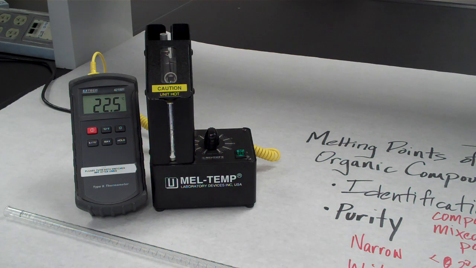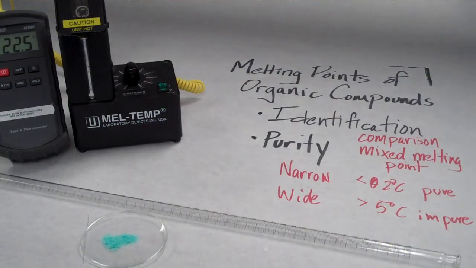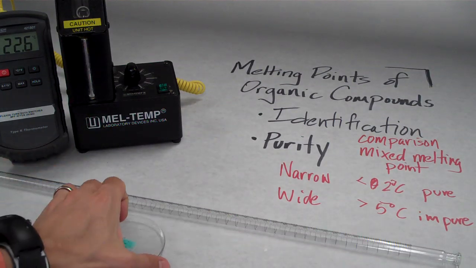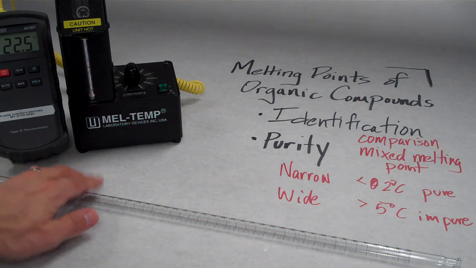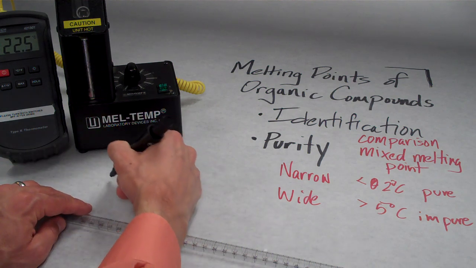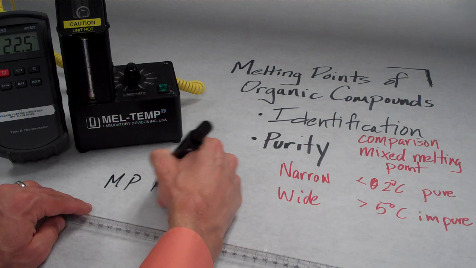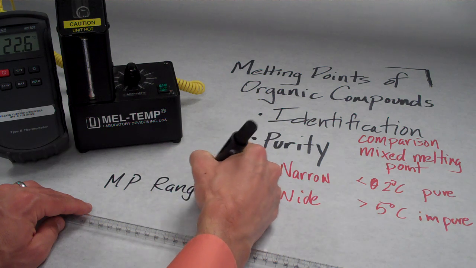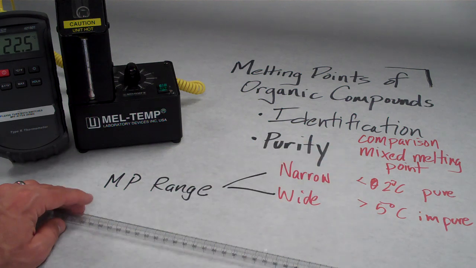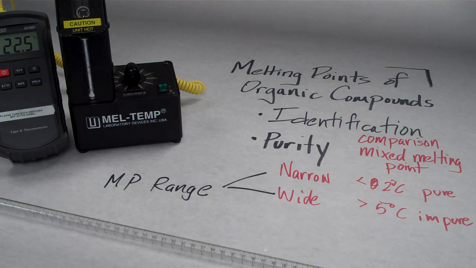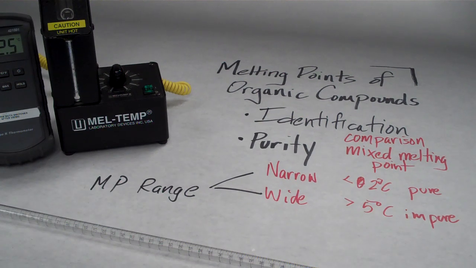Now, when a sample melts, it actually melts in a range, not at one exact temperature. And so when we use the term melting point, it is most properly used as a melting point range. And that's why I was referring to having a narrow or a wide range as your experimental melting point.